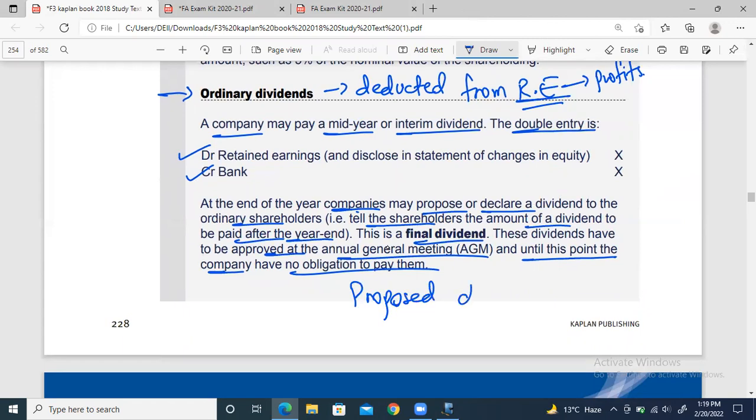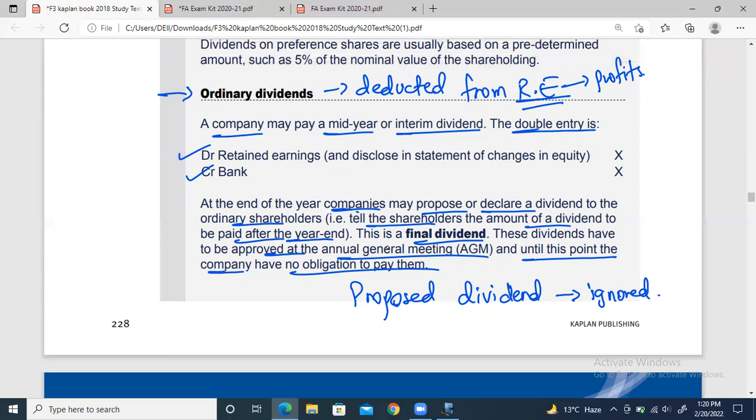This thing is, I think, not written in the book, but I'm telling you this. Proposed dividend, always remember, is always ignored in the financial statements and the financial accounts. If the examiner tricks you by giving you a proposed dividend and a final one, you will have to consider the final one, but straight away ignore the proposed dividend, because this is the dividend that is actually not paid right now.